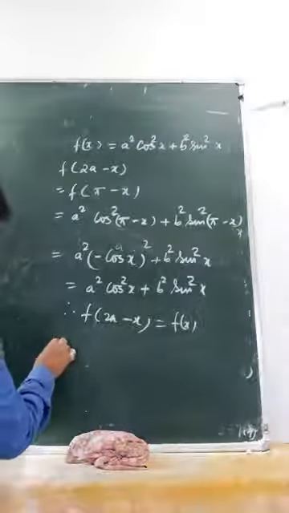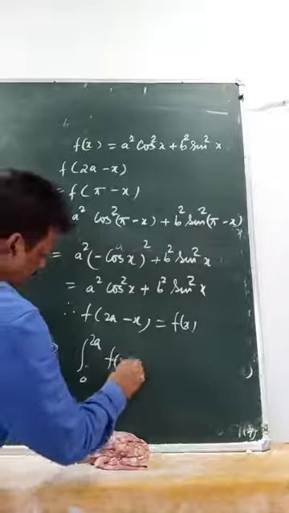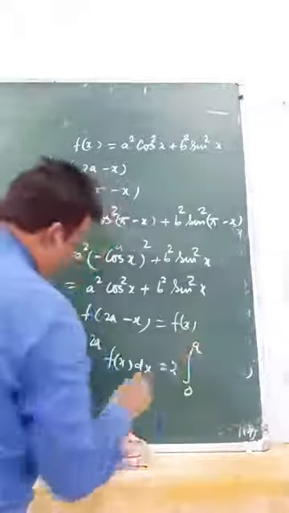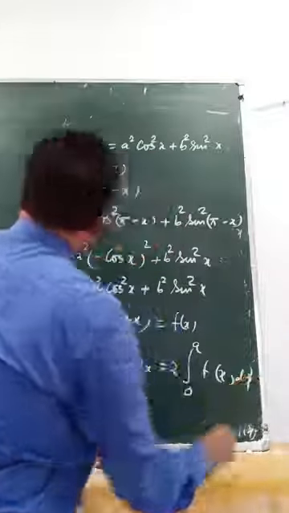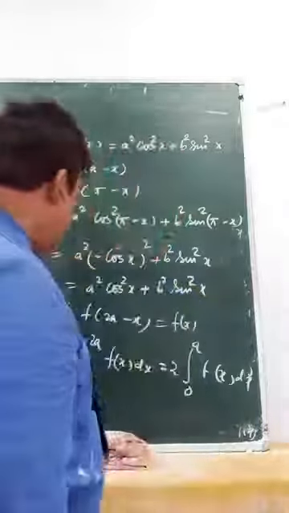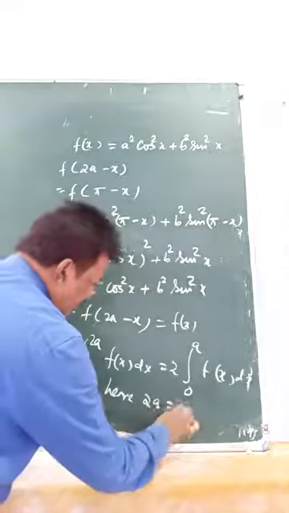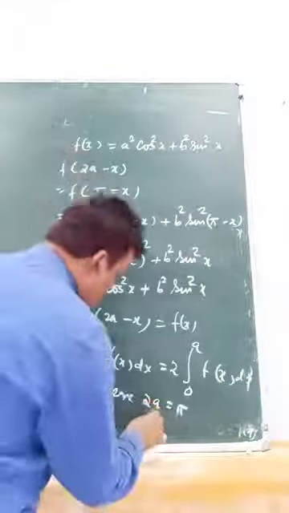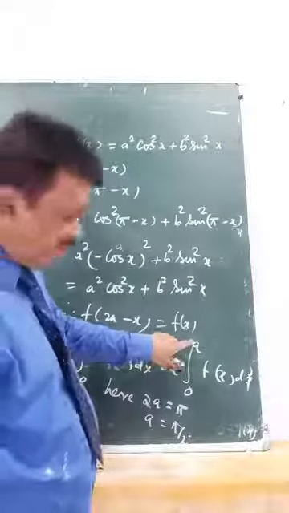Therefore 0 to 2a fx dx is 2 times 0 to a. 2a becomes a. But what is our a? Our 2a is pi here. 2a is pi. Look at your limit. 2a is pi, so a will be how much? Now pi by 2. That means this will become pi by 2.